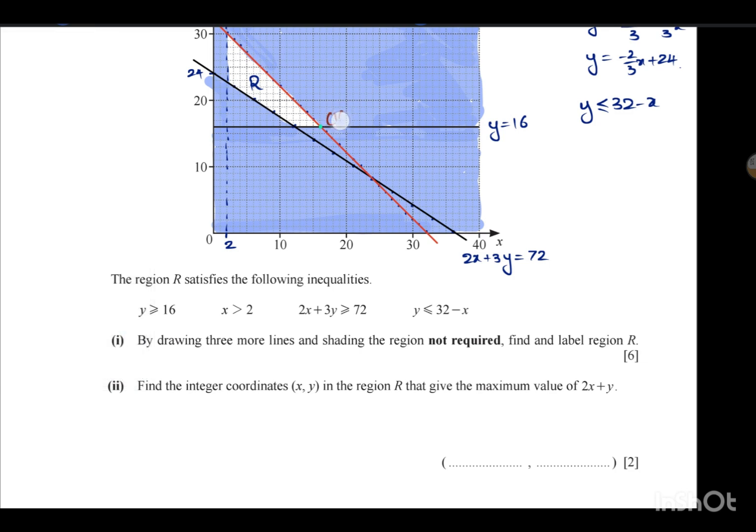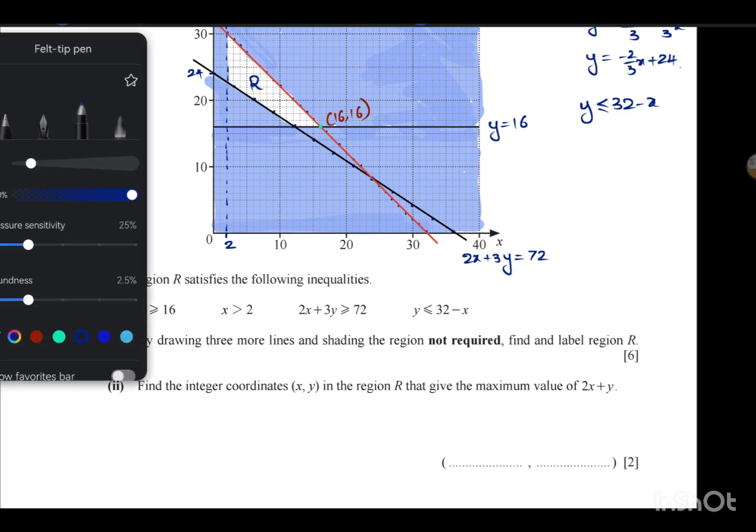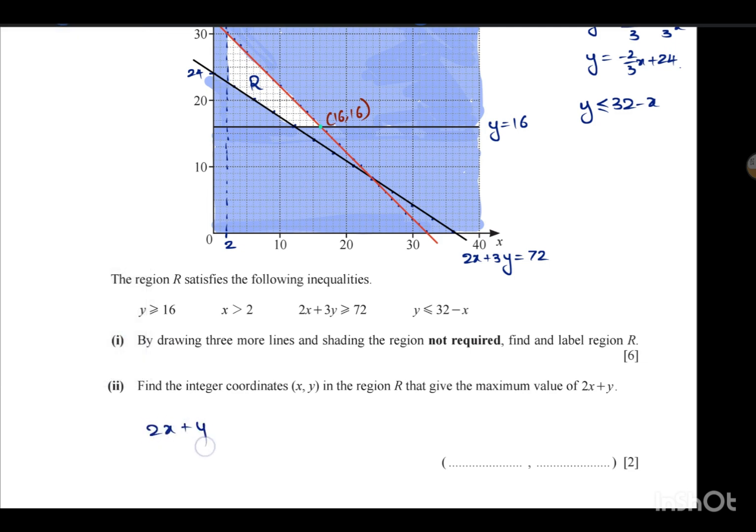If I take the value 2x plus y, that is 2 into 16 plus 16, which is 32 plus 16, which is 48.